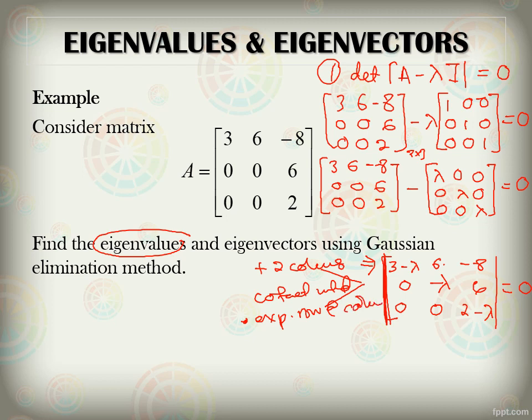You can choose either method. I am comfortable with expanding the row or column way. Since I look at here, the first column contains a lot of zeros.